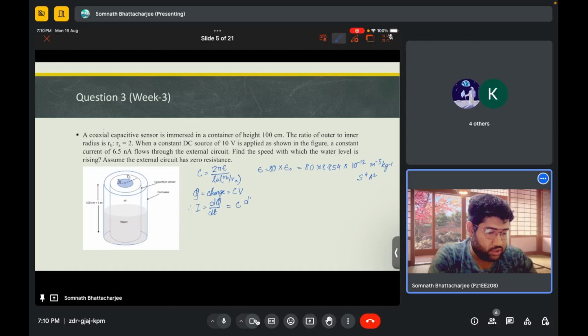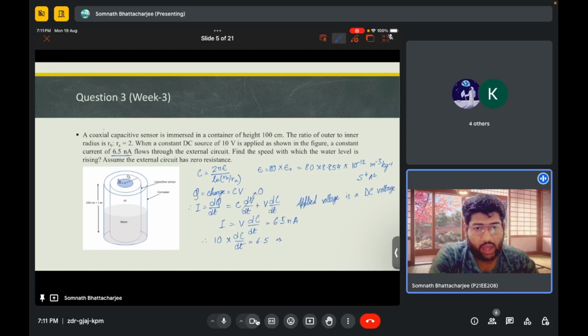The value we determined was 6.5 times 10 to the minus 1, that is 0.65 nanofarad per second.